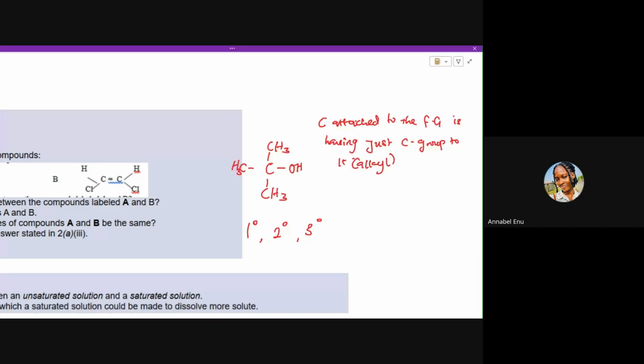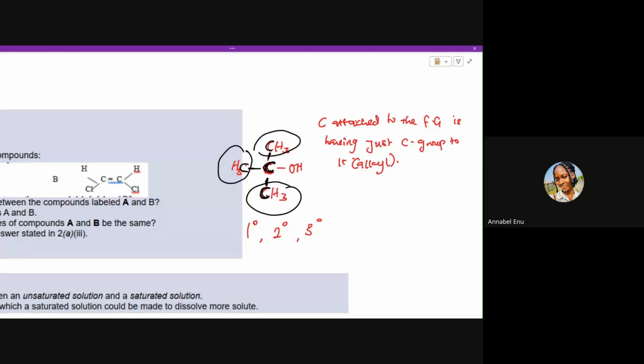This carbon I'm writing with a black C. How many other carbon groups is it directly attached to? This is one bond directly attached to a carbon. This is another bond directly attached to another alkyl group. This is the carbon directly attached to a third alkyl group. So with your definition and with what we know primary alcohols to be, this is totally not a primary alcohol. We can see three alkyl groups attached to the carbon carrying the OH group.